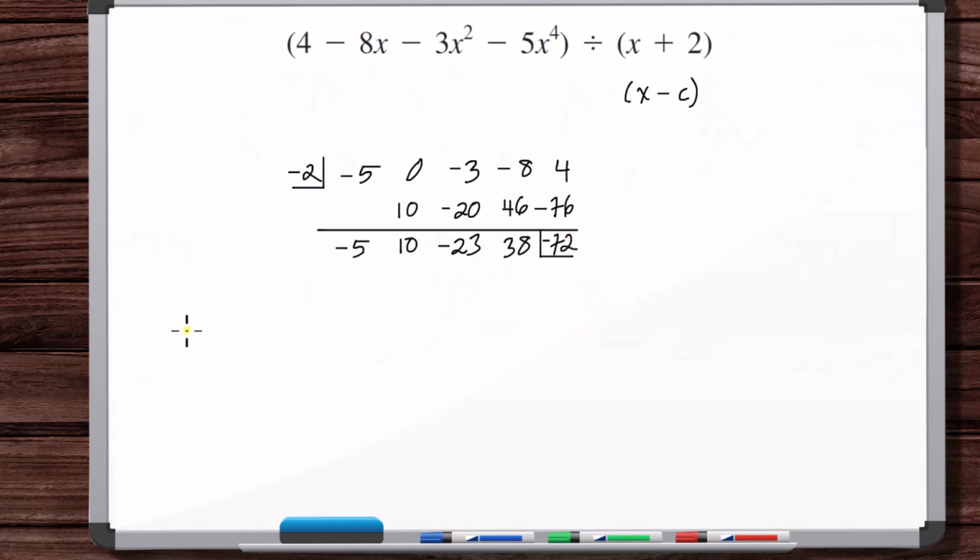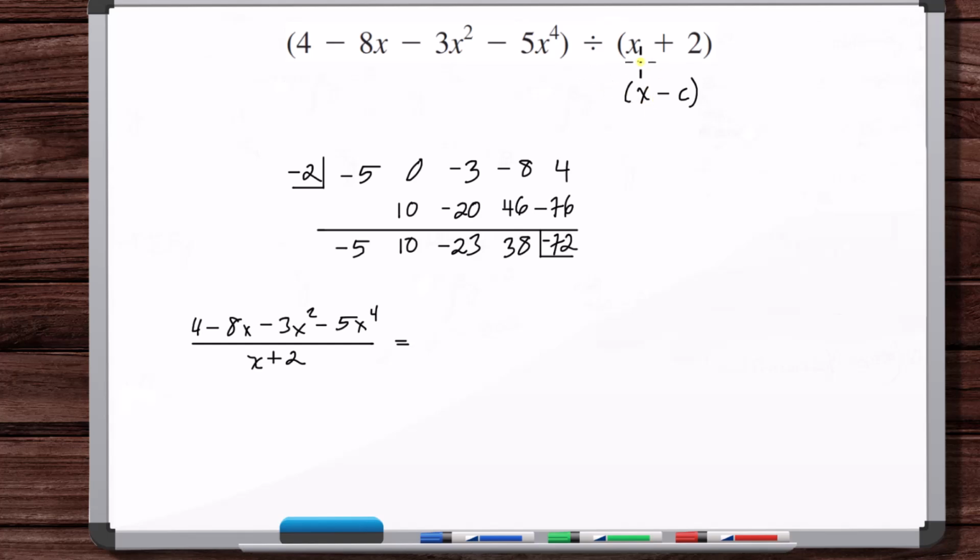Okay, so we've got 4 minus 8x minus 3x squared minus... This first term is going to have order 3 because the order of the quotient is going to be one less than the order of the dividend.